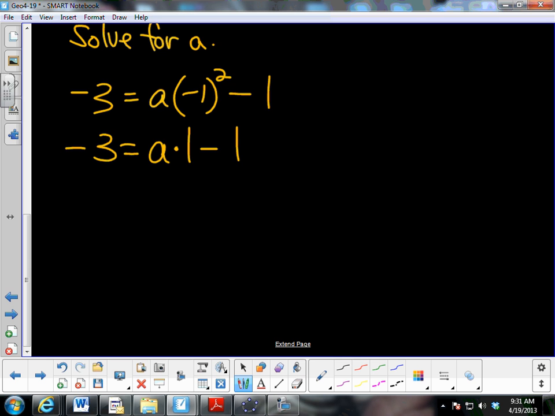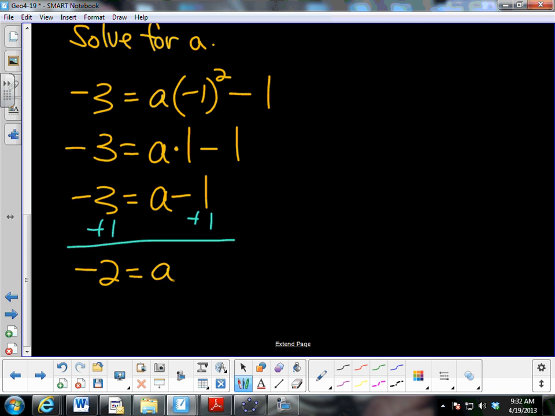A times 1 is just A. So I have -3 equals A minus 1. Now I can solve by adding 1 to each side. So -2 is equal to A. So put your equation back together. Y equals -2 times the quantity x minus 1 squared minus 1.